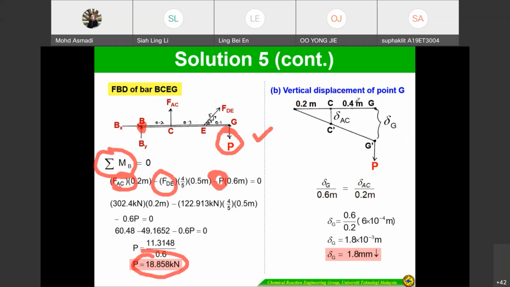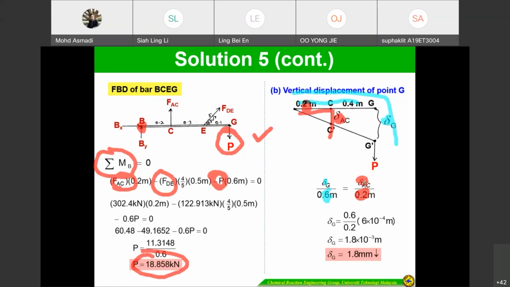This one is 0.2. So we use the ratio. 0.6 over this one, delta G here is the ratio, right?